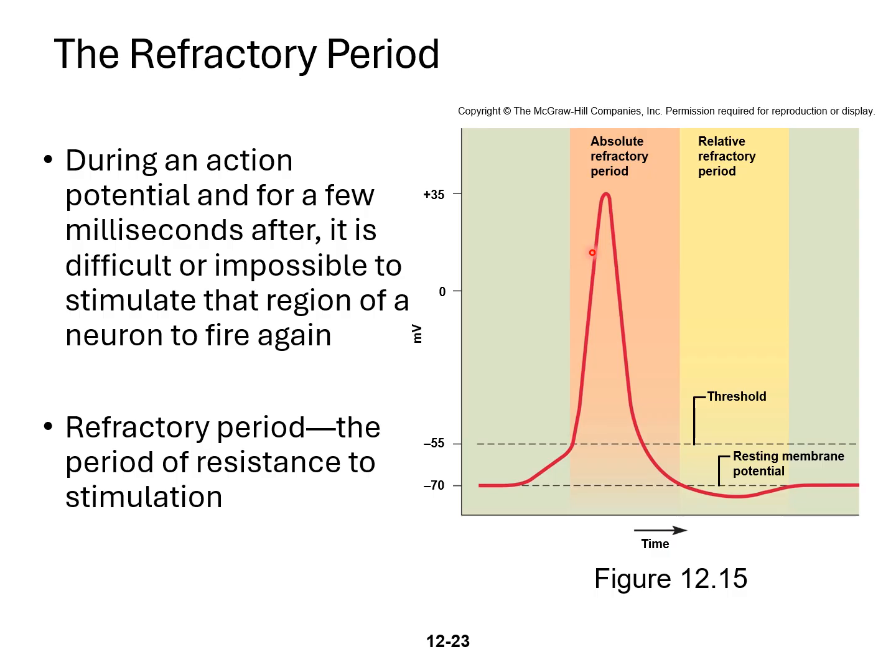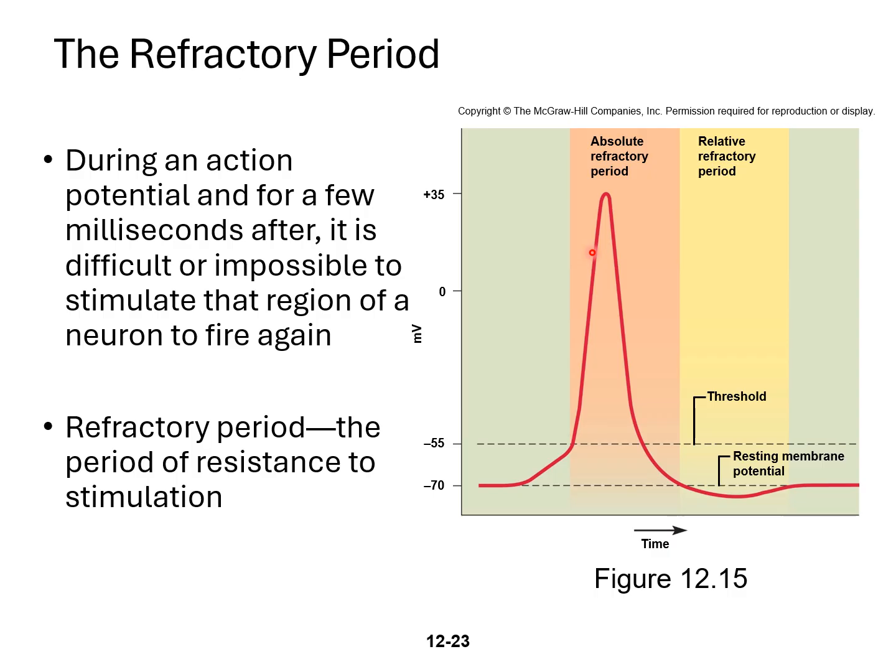So you have an absolute and a relative refractory period. Can a neuron fire if it's in the absolute refractory period? And you only have two gates to use.